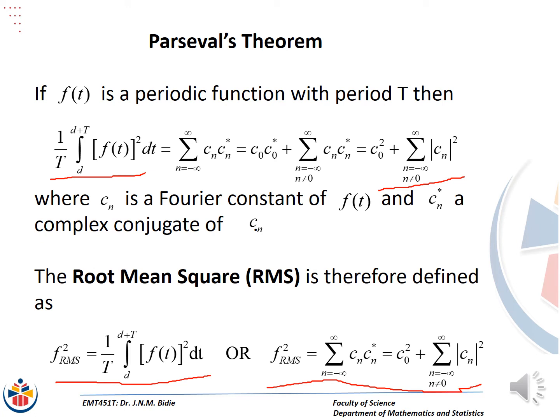So if you've been given the functions only, you use the left-hand side with their period. And if you've been given the constants, then you use the right-hand side. That is the constant side.